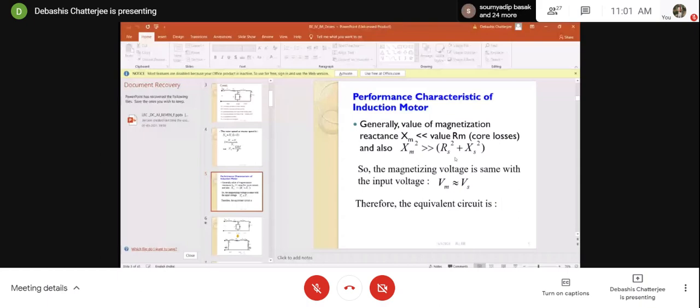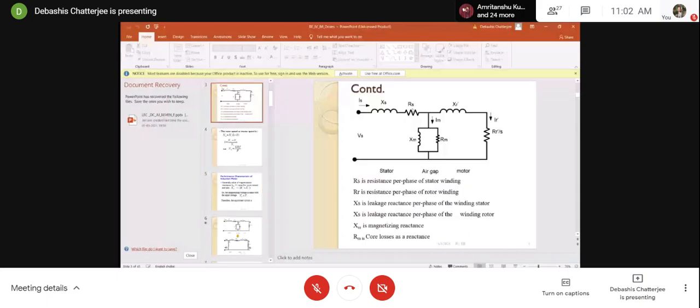Now when you look at this equivalent circuit where this portion is very large, the current through this is almost negligible compared to this, so I can open this. Secondly, I have this impedance which is much lower. When the impedance is low, normally the voltage drop across this impedance will also be low.